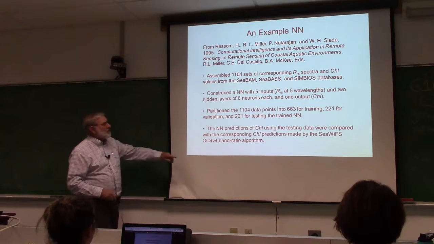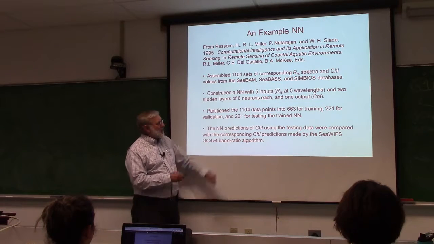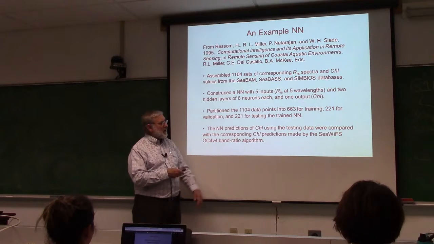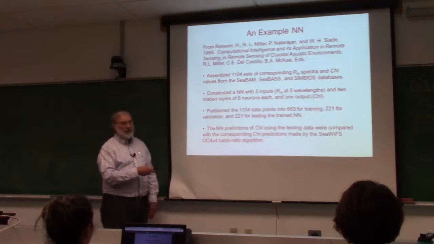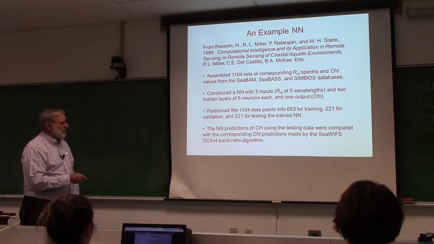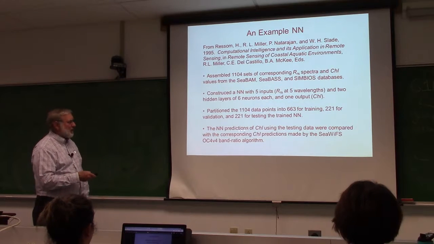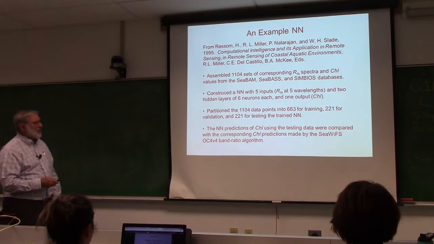Then they took their 1,100 data sets and randomly partitioned them into 663 points to use for training, 221 for validation, and 221 for testing the final thing. And then they took the final set of weights and applied it to a SeaWiFS image with one of the algorithms that was used at that time.